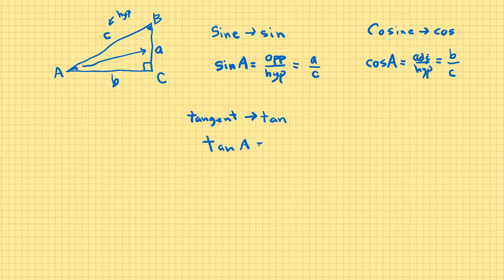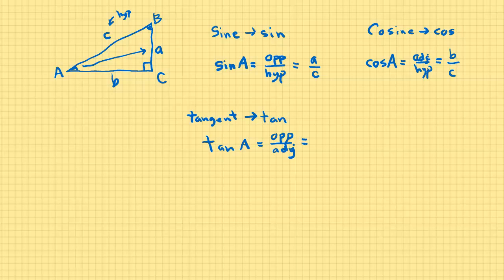Well, by definition, the tangent is always the opposite side, so it uses the opposite side just like sine does, divided by the adjacent side. It's the opposite divided by the adjacent side.